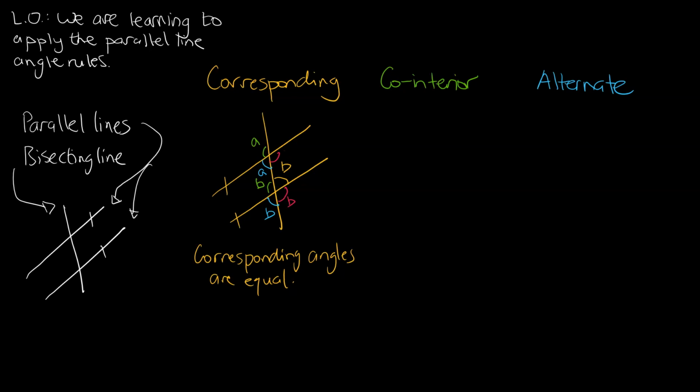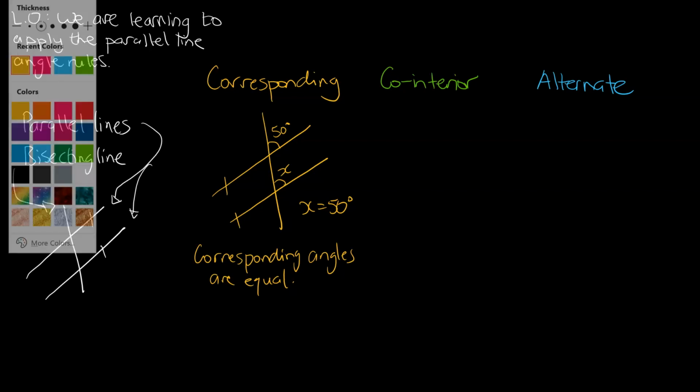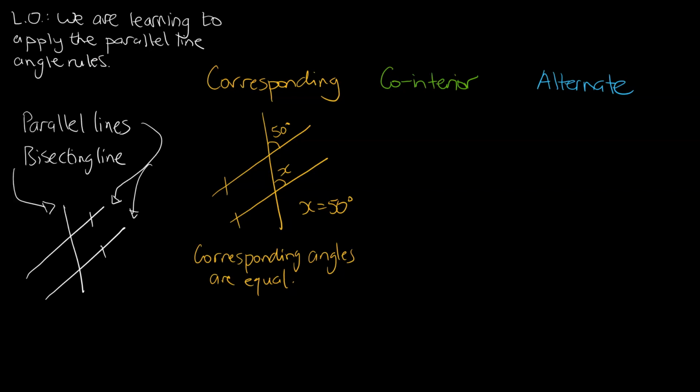So if we clear some of our working, let's say we know this angle here is 50 degrees, and we're trying to figure out what angle x is. We will be able to say that angle x is equal to 50 degrees, and that's because those two angles correspond to each other because they are corresponding angles. And I'm going to get into a few more ways to figure out how that example works in a little bit as well. But let's switch to co-interior angles.